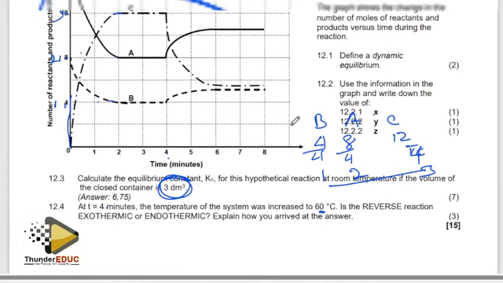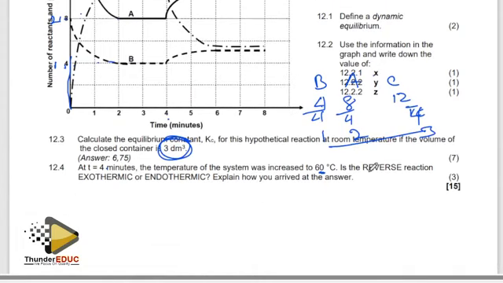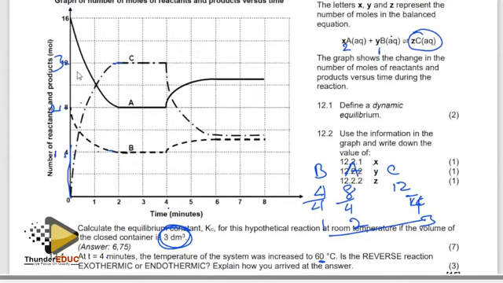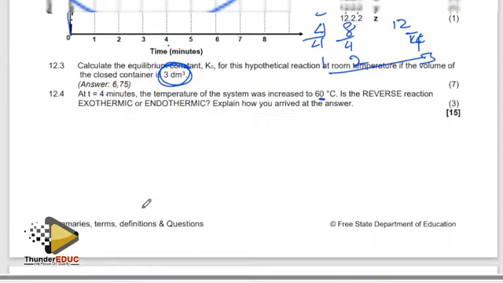So in this case, when they're saying that is the reverse reaction. Okay, check here. It was like this. Then it reversed. You see? So since it has reversed, what does it mean?